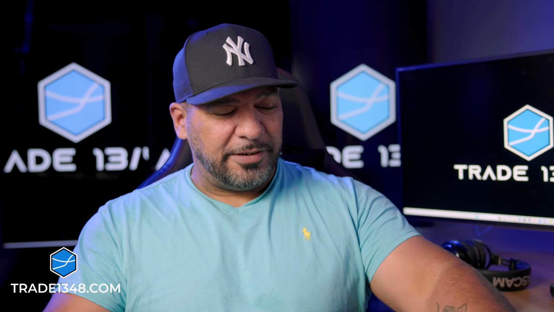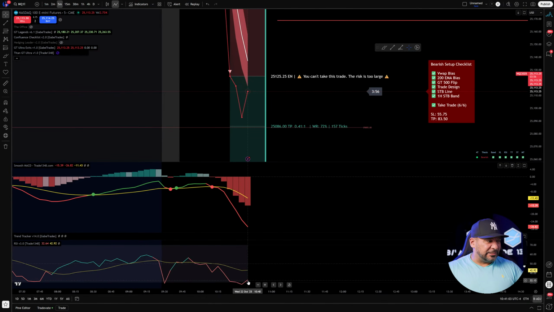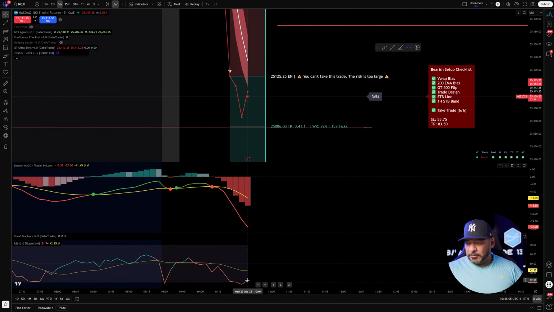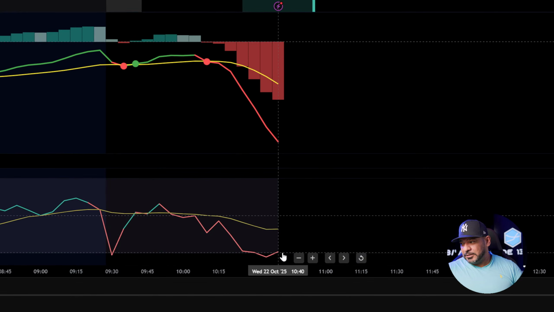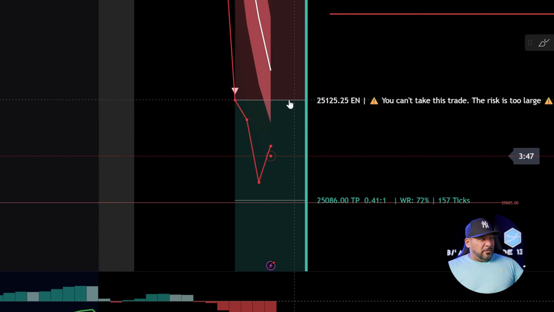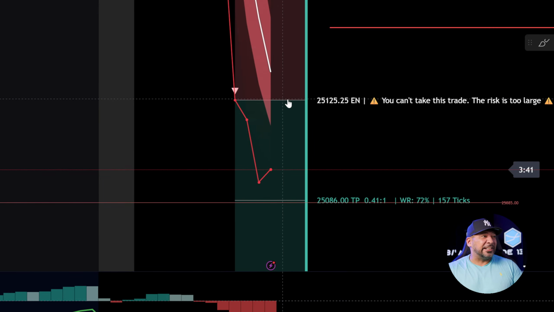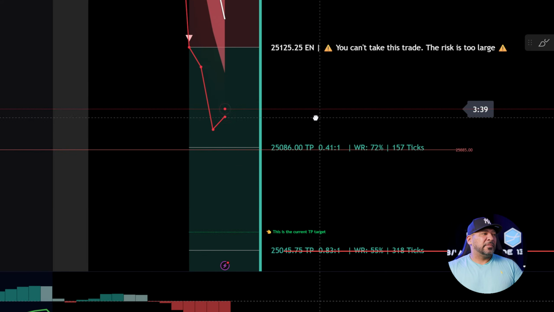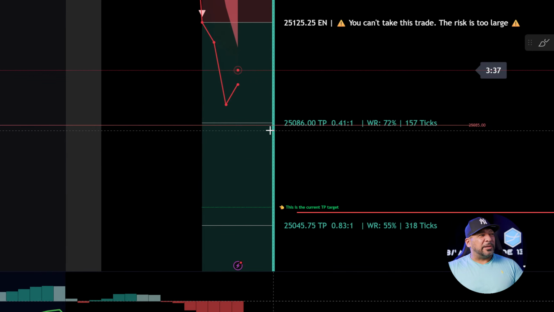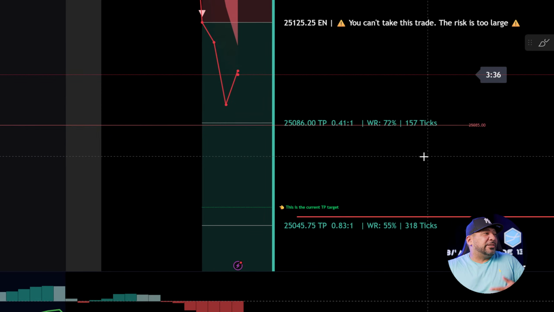Because yeah, we go ahead and we look at RSI here, zoom on in, you see it's picking up. It's picking up. So I honestly would love to get another entry up here. I don't know if I want to put an entry down here. And you know what?